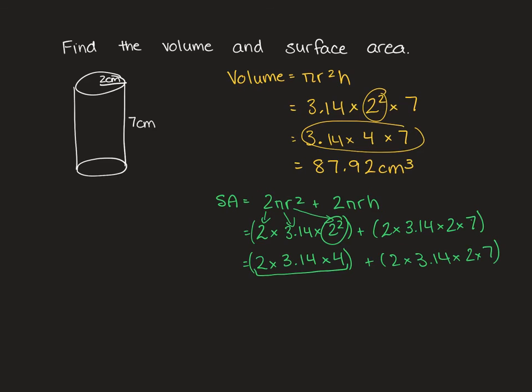So I'm starting with 2 times 3.14 times 4. So our first bracket is going to become 25.12, plus our second bracket is going to become 87.92. What's my final step? So that gives us 113.04 centimeters squared. So these are the steps for calculating volume and surface area.